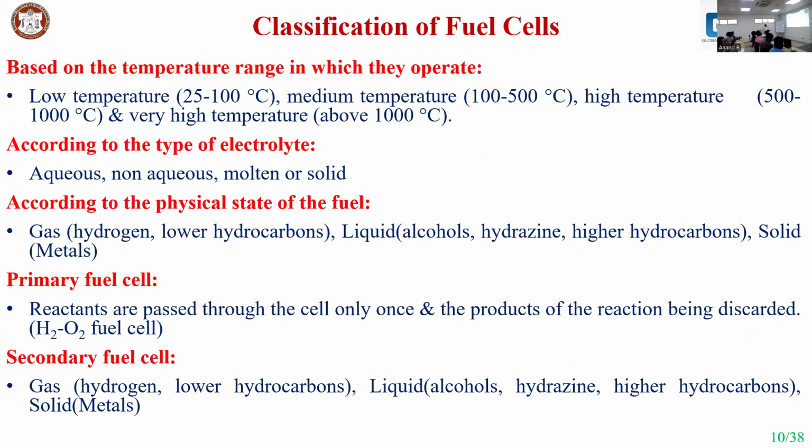Based on the temperature range, as I said, there are low temperature fuel cells at 25 to 100 degrees, medium temperature fuel cells, high temperature fuel cells, and very high temperature fuel cells also. Based on the classification, the anode material, cathode material, catalyst and electrolyte material will change, because at 1000 degrees, if you operate with normal KOH, phosphoric acid or a Nafion membrane, it will melt.